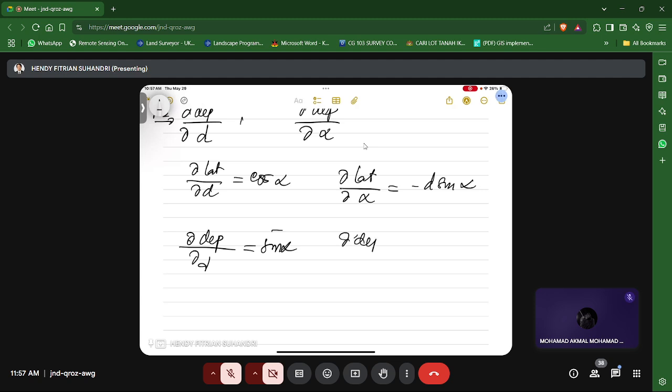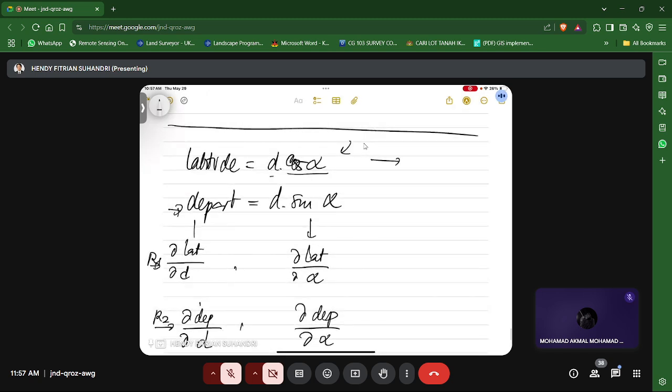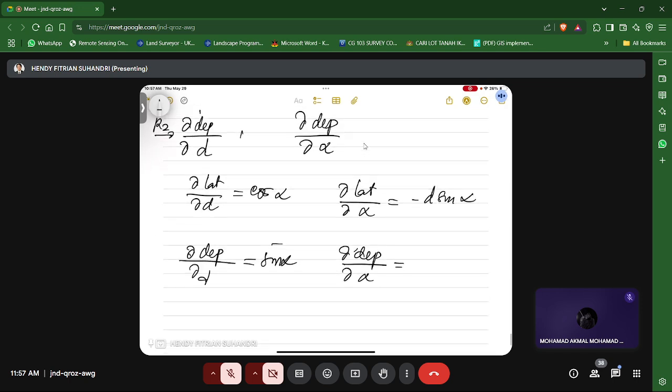Dou departure diturunkan terhadap dou alpha. Ini adalah derivative of trigonometric sin. Derivatif pertama daripada sin apa? Positif cosine. So D adalah sebagai koefisien sekarang, so menjadi positif D cosine alpha.